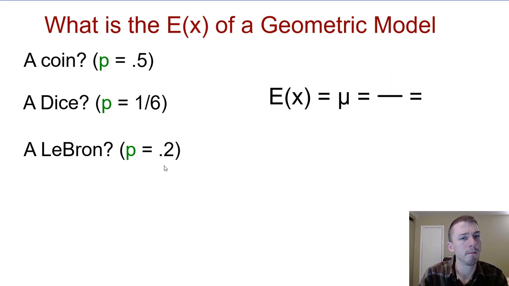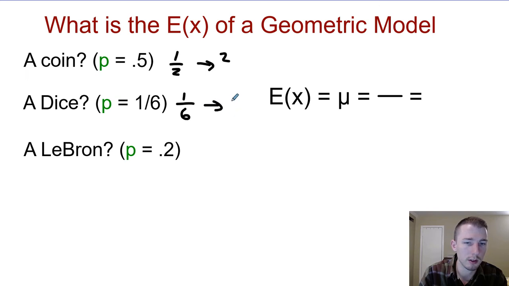If we look at the pattern here, let's try to establish that real quick. If the probability is 1/2, we would expect our first success on every 2. If the probability was 1/6, we would expect our first success on average every 6. So what's happening here is we're basically taking the reciprocal. We're flipping the numerator and denominator.